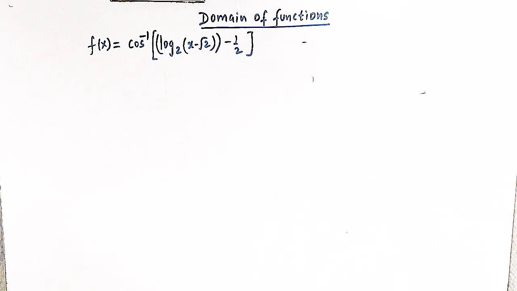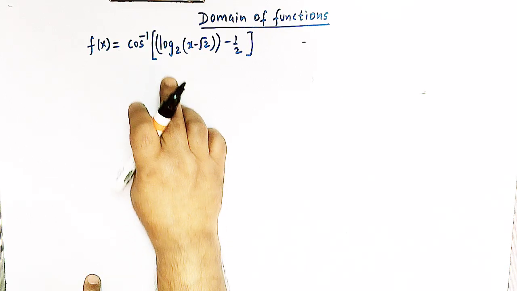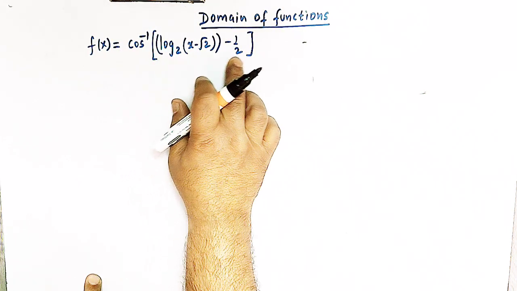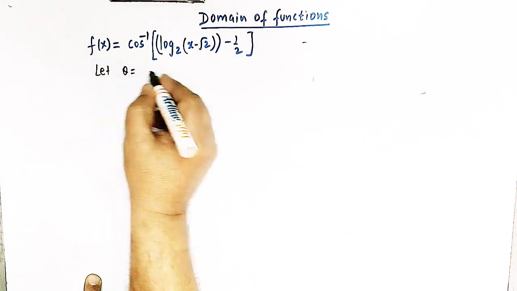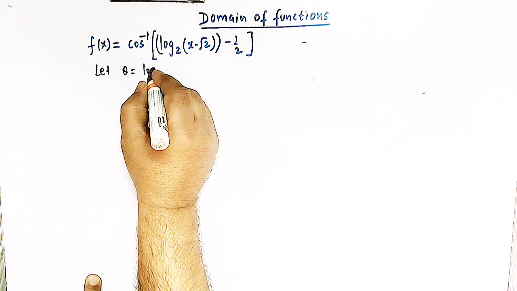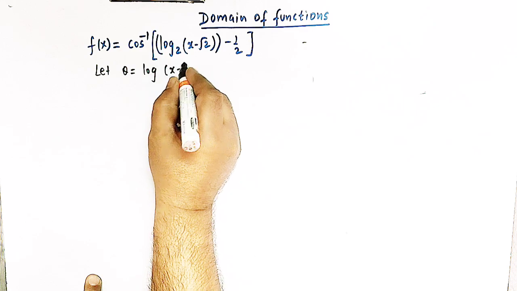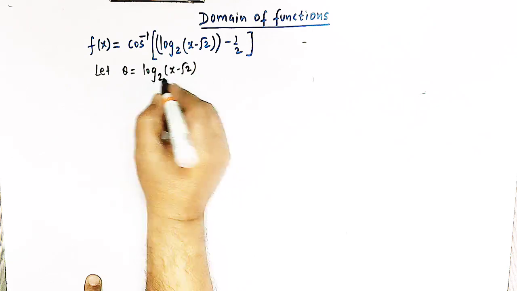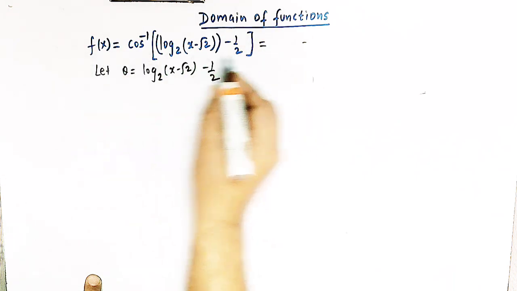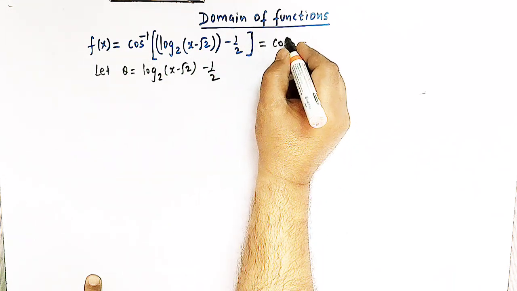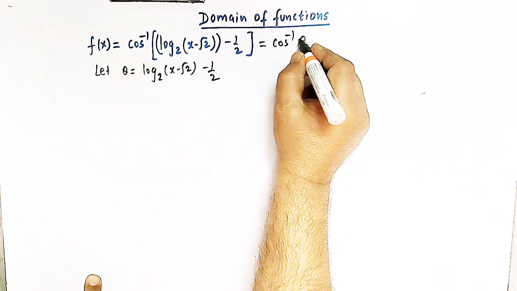So let us start. Here let us take this term as theta. So theta is equal to log of x minus square root of 2 to the base 2, minus half, so that the function assumes the form cos inverse theta.